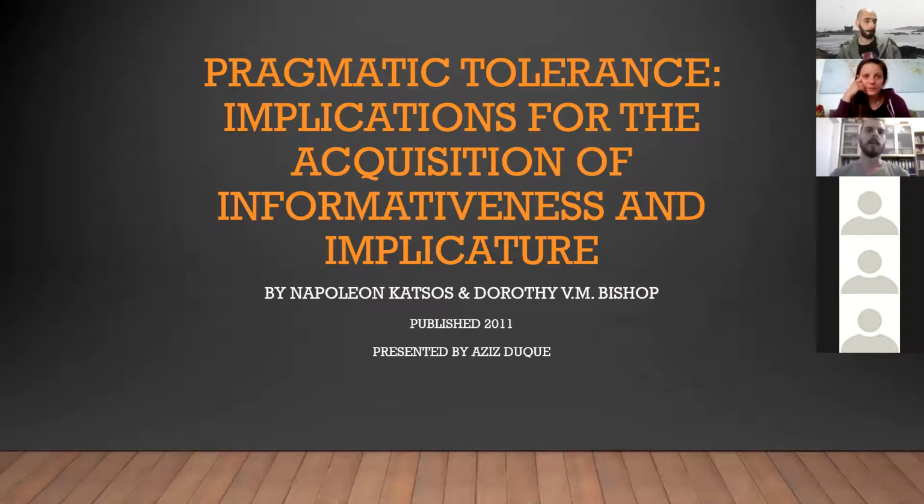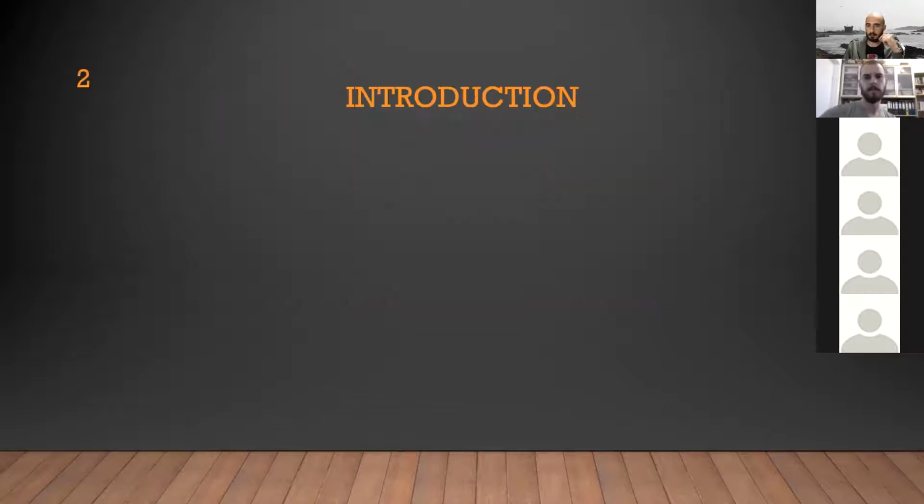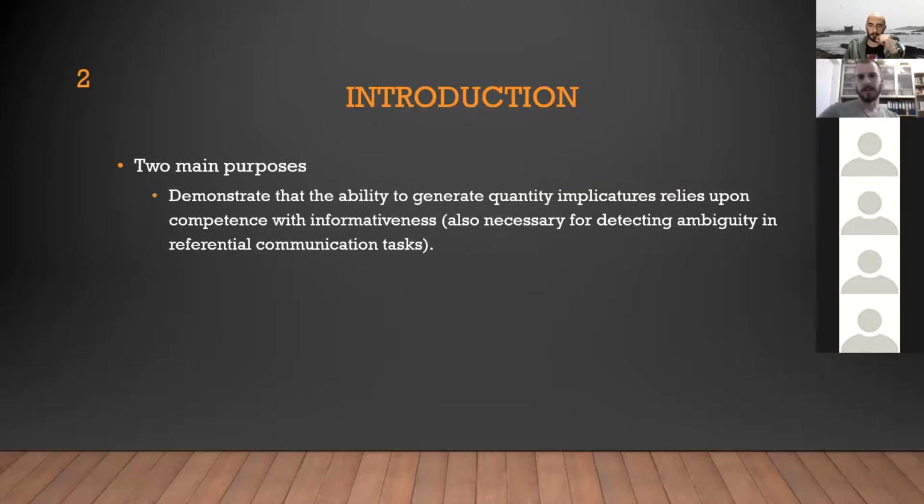Okay, great. So my topic or my paper was from Katsos and Bishop, which is pragmatic tolerance, the implications for the acquisition of informativeness and implicature. In the last lecture we covered the part on informativeness, which I will explain a little bit later. So the introduction. The two main purposes of this paper were to demonstrate that the ability to generate quantity implicatures relies upon competence with informativeness.